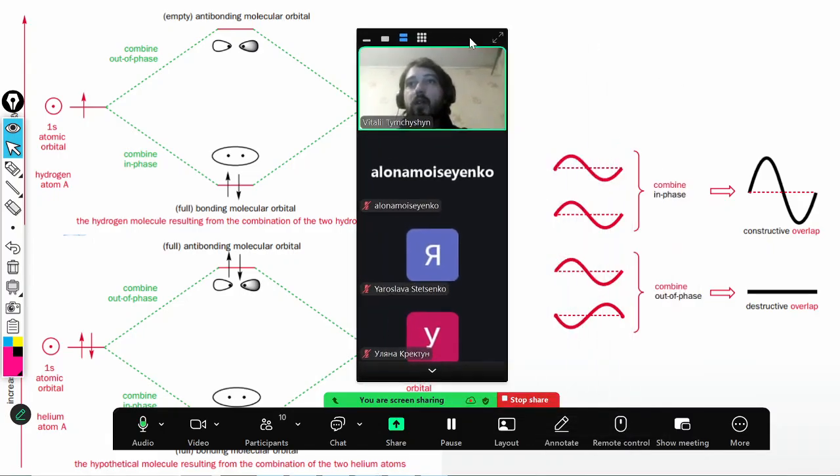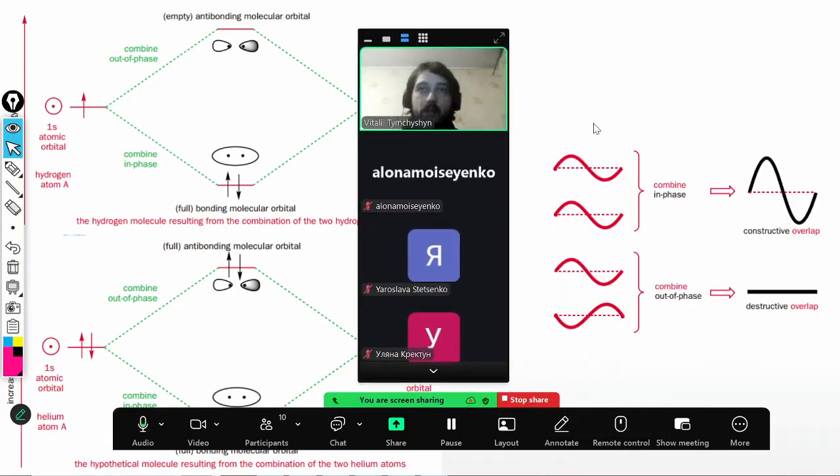So we started with some sort of quantum mechanics. I told you that when we have different atoms and they combine into molecules, they obtain something like molecular orbitals. So from the atomic orbitals, we are going to molecular orbitals. These molecular orbitals were approximated with some sort of linear theory.